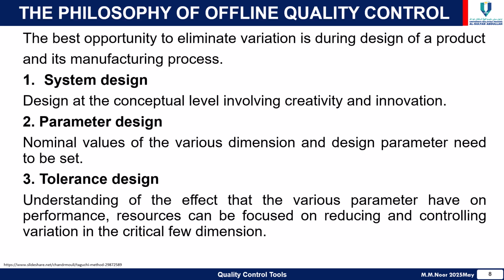The third one is tolerance design: understanding the effect that the various parameters have on performance, resources can be focused on reducing and controlling variation in the critical few dimensions. So basically, these three are to simplify the manufacturing process.